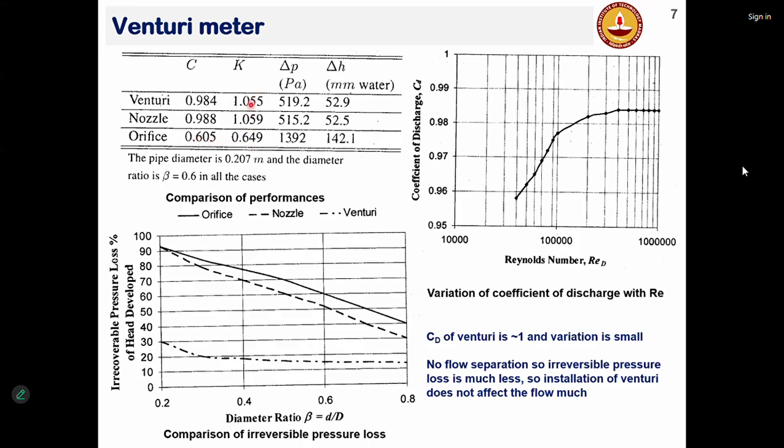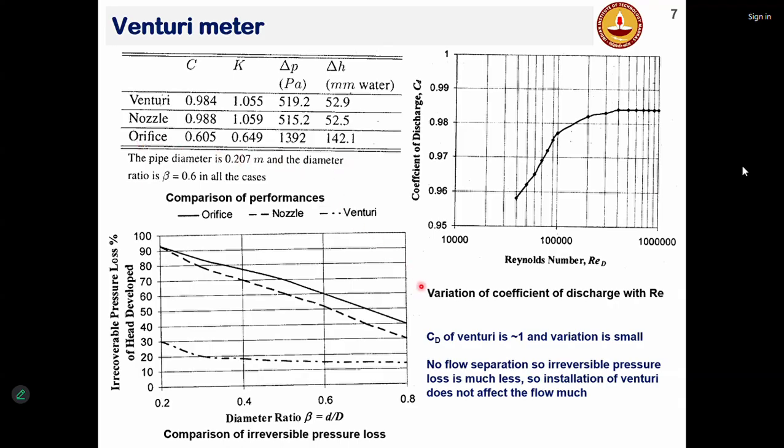And corresponding flow coefficients are also equivalently different. And you can see that for a similar kind of flow condition, the pressure drop across venturi is very small compared to the orifice flow meter. Correspondingly, the pressure difference is largely different. So this is how venturimeter and orifice meters are compared.